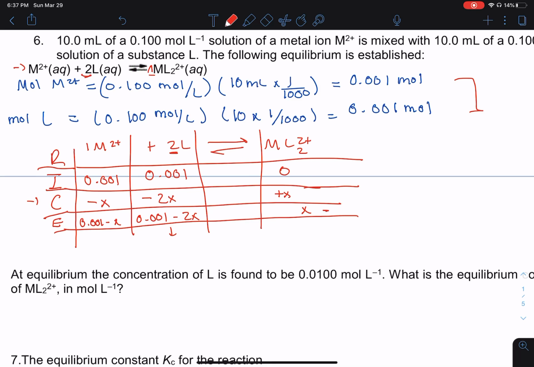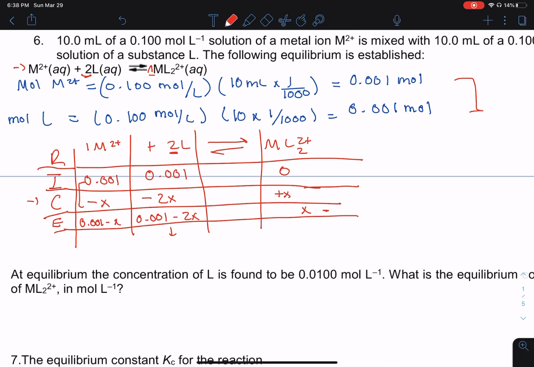The reactants are being used to make product, correct? So then we basically form these expressions in our equilibrium row. And so we have 0.001 minus x, 0.001 minus 2x for L, and we have x for ML2 because that's our variable.